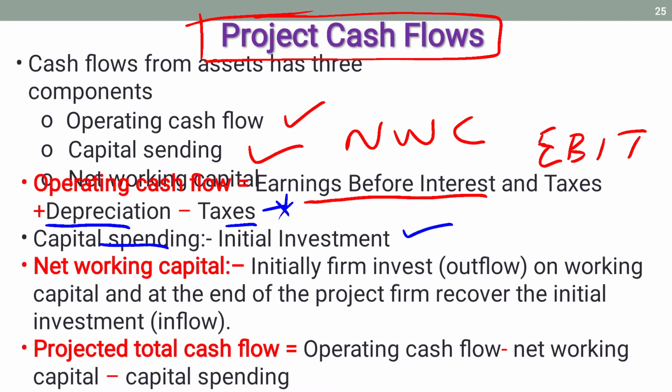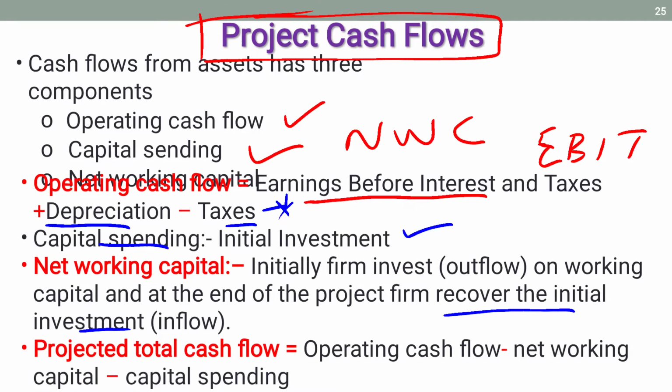Net working capital: initially the firm invests an outflow on working capital, and at the end of the project the firm recovers the initial investment, recovers the working capital, what is invested.